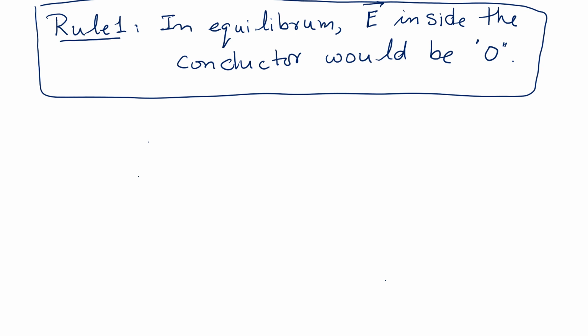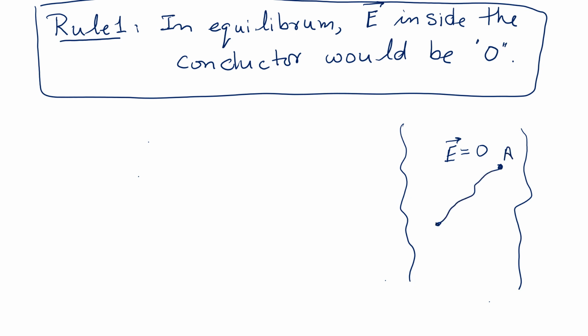Out of this rule comes your second rule. If your E inside the conductor is zero, and I go from a point A to a point B and calculate what your potential difference is, which is an integral of A to B of E dot dl, but we have said electric field inside is zero.